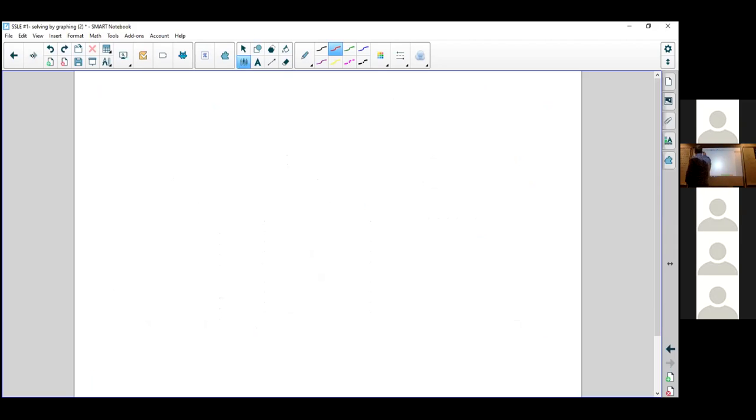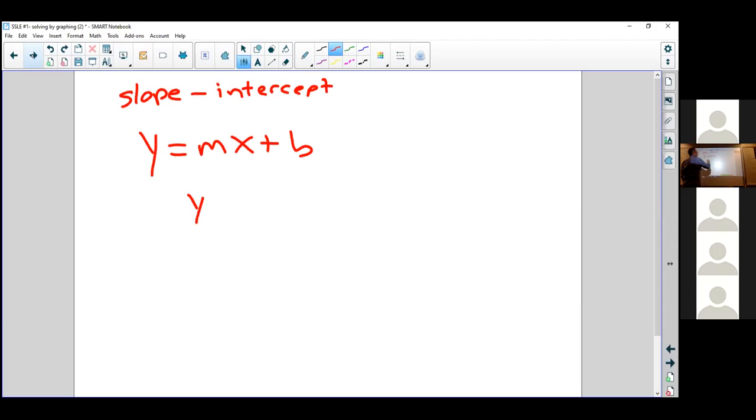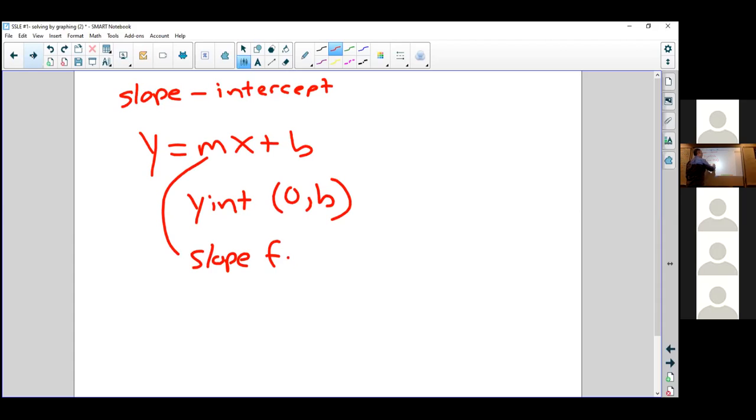Okay, so there was slope-intercept, which would be like y equals mx plus b. We know that the y-intercept on this one would be the point 0, comma b, and then the slope finds another point.